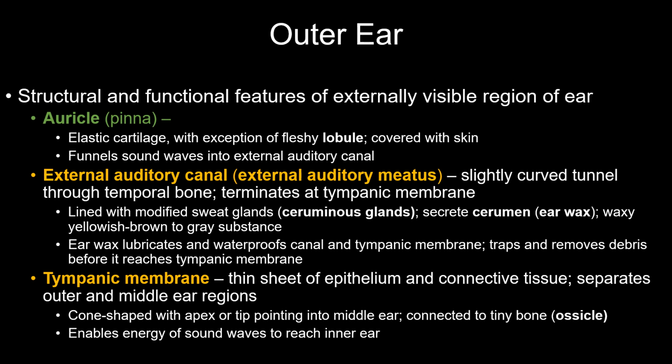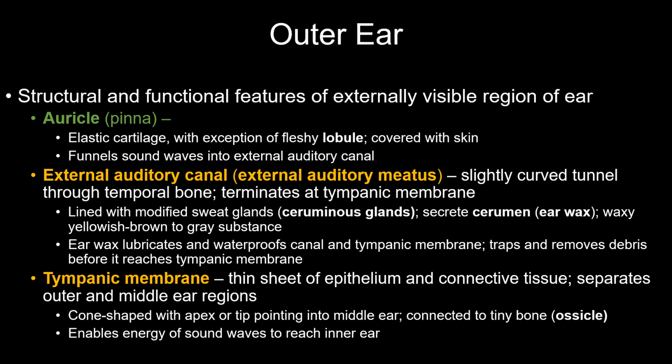Cerumen's main function is to lubricate and waterproof the external auditory canal, as well as the tympanic membrane. But it also traps debris before it reaches the tympanic membrane, and then works to sweep it back out of the auditory canal. In most people, this is going to dry up and exit the canal, but in others, it can retain its moisture and build up and interfere with hearing.